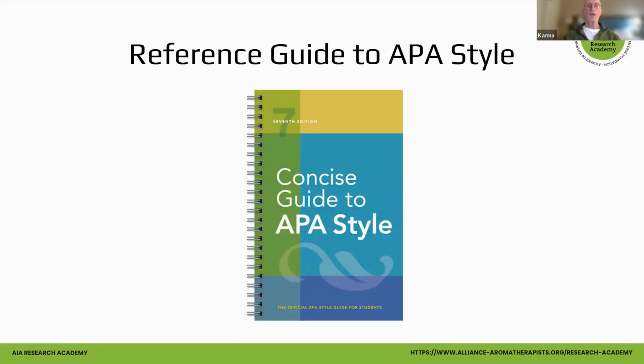I bought the 7th edition of the Concise Guide to APA Style, and I bought the loose leaf version so I can lay it flat on my desk and I don't have to weigh it down with books or anything like that. It's for ready reference, and it's not that expensive.